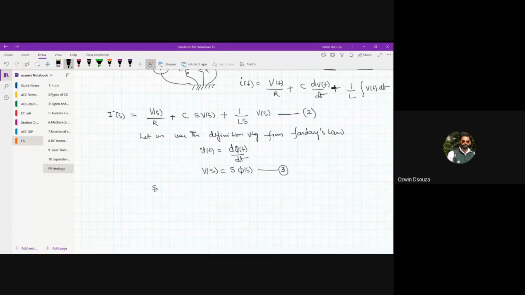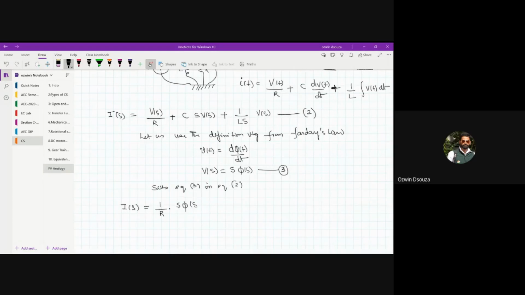Substitute equation 3 in equation 2. So what do we get? I of s is equal to, let me write the conductance part as 1 by R, into V of s. So what do we have? V of s as s into phi of s.